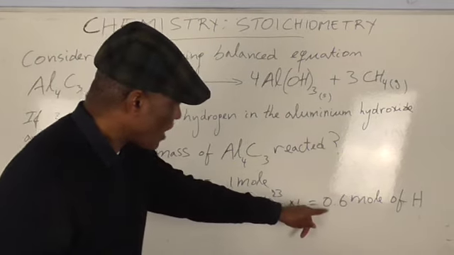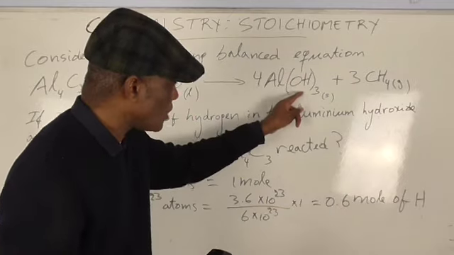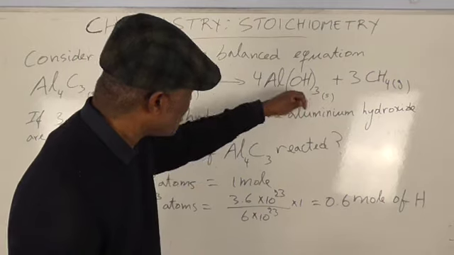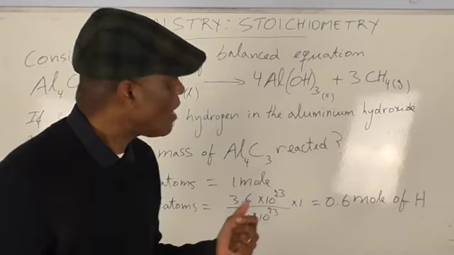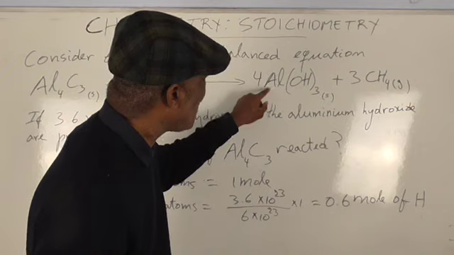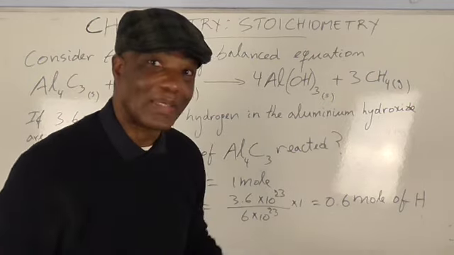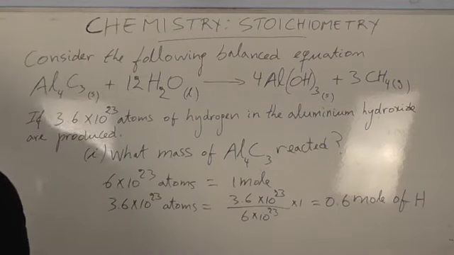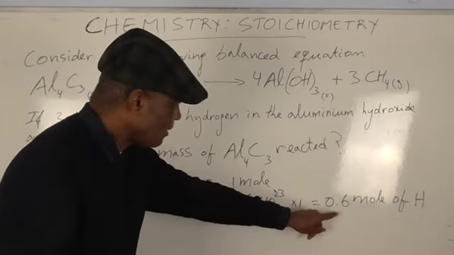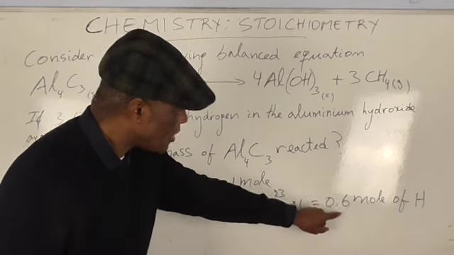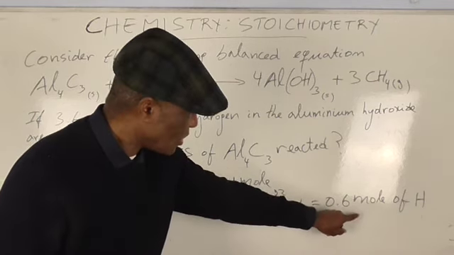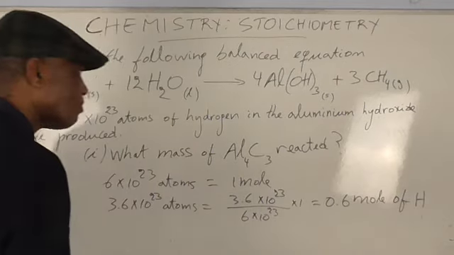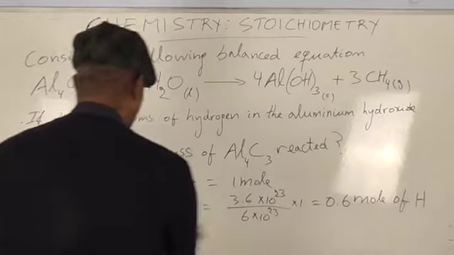Okay, so if we have 0.6 mole of hydrogen here, this will give how many moles of aluminium hydroxide we need to calculate. Now, I think that you note the answer that we have here so far, because this is going to help us. 0.6 moles of hydrogen there.